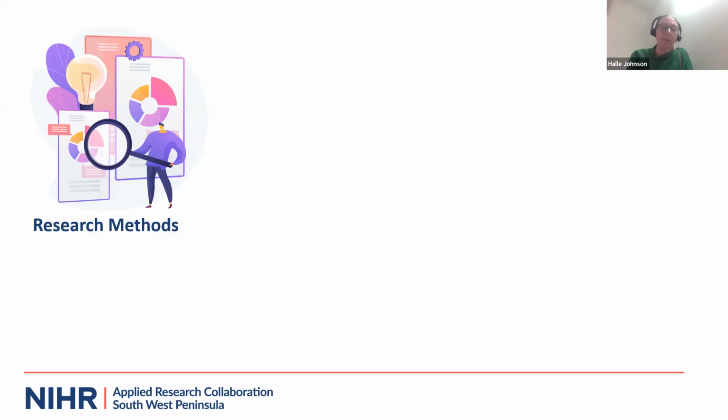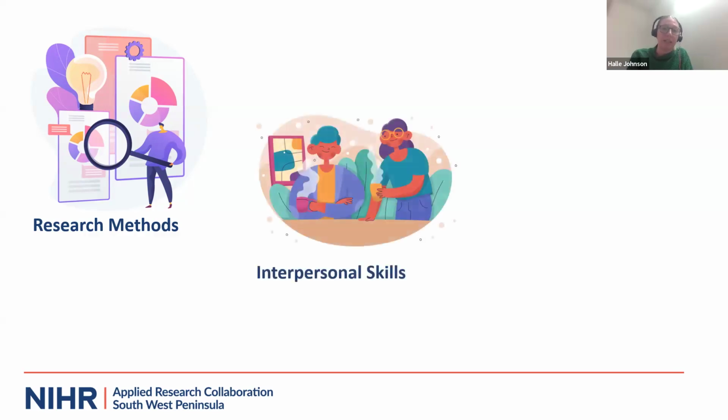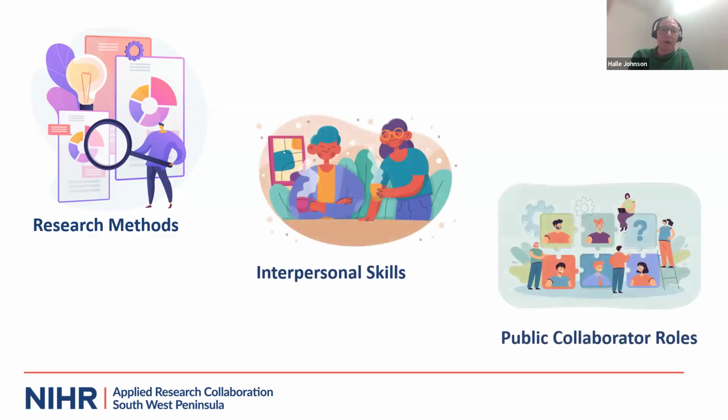We've also got 2 further sections on interpersonal skills and public collaborator roles. It brings together existing training, things like recorded webinars, helpful booklets, and online courses around lots of different topics under those headings. At the moment we've only released the research methods section, and we're hoping to launch the interpersonal skills and the public collaborator roles sections soon.